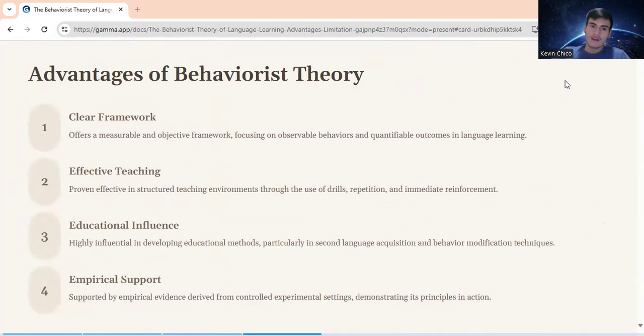Effective teaching: proven effective in instructive teaching environments through the use of drills, repetition, and immediate reinforcement. Third, educational influence: it had a large influence in developing educational methods, particularly in second language acquisition and behavior modification techniques. And finally, empirical support: supported by empirical evidence derived from controlled experimental settings, demonstrating its principles in action.